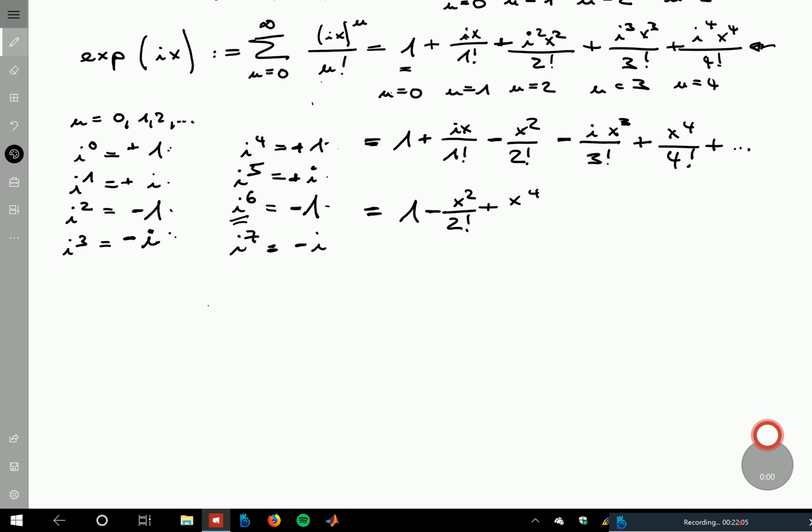We are just rearranging the sum, reordering what is above there, and we also realize that for the odd numbered ones, we have an i in front of them. You also see that here.